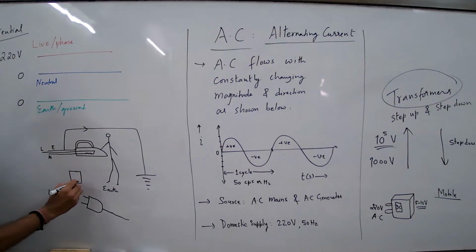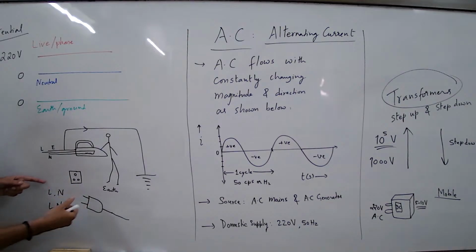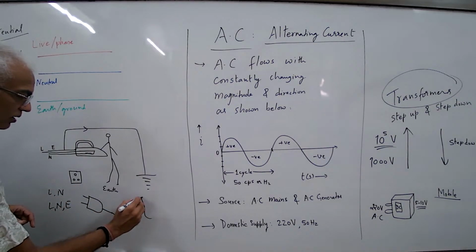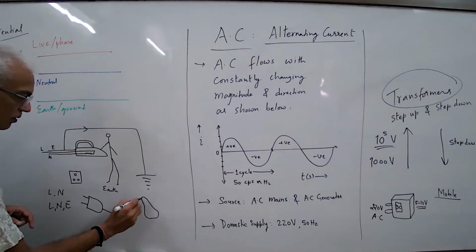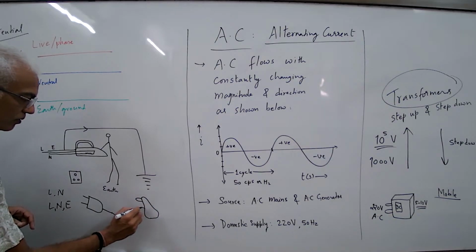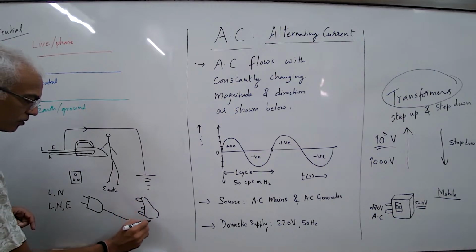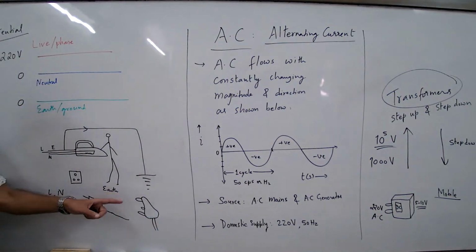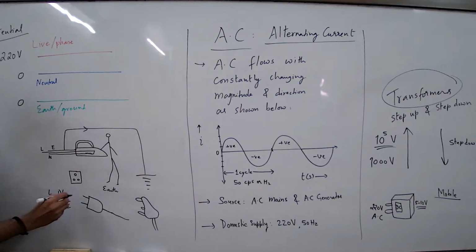So you have two types of sockets, with only 2 pins or 3 pins. The other plug you get is something like this. This kind of plug has earthing also: earthing, live, neutral. This is only live and neutral. So all the low power devices don't require earthing.